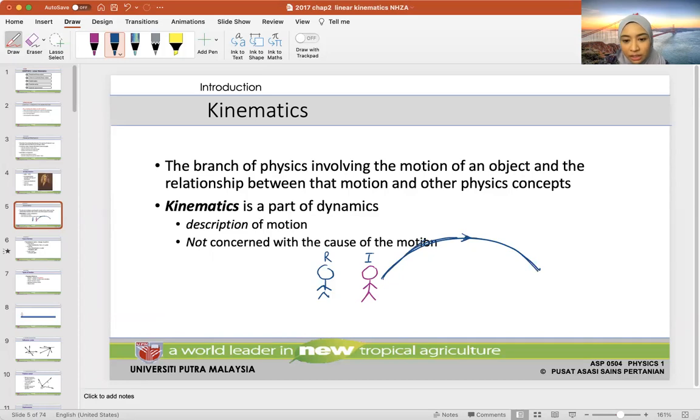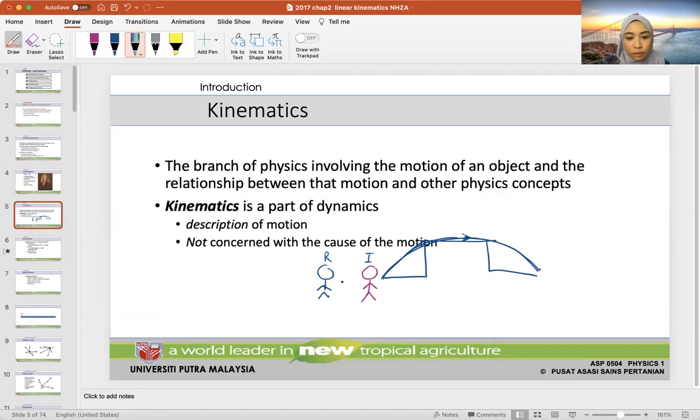So here ada gradient positif, sini ada gradient negatif. So orang kinematik dia nak tengok what this motion is about, how to dissect the motion, what happens over here, what is the slope here, what is the velocity here. So this is kinematics. They are not concerned about what happened to Ikri sampai Ikri melonjak ni.